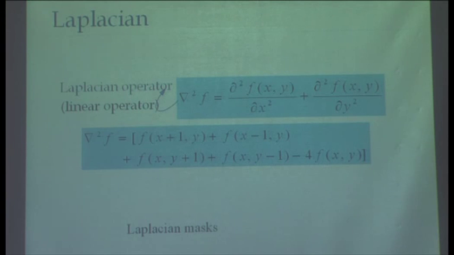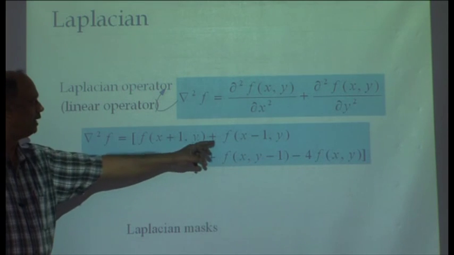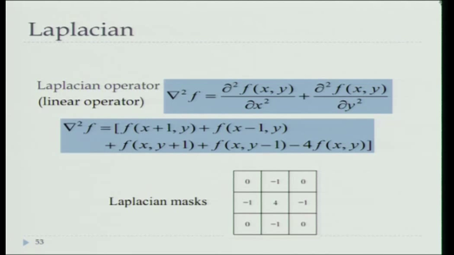If I expand it, you get f(x+1,y) + f(x-1,y) + f(x,y+1) + f(x,y-1) - 4 f(x,y). That we derived in the last class, and the mask is 0 1 0, 1 -4 1, 0 1 0. Remember, right? That was there.